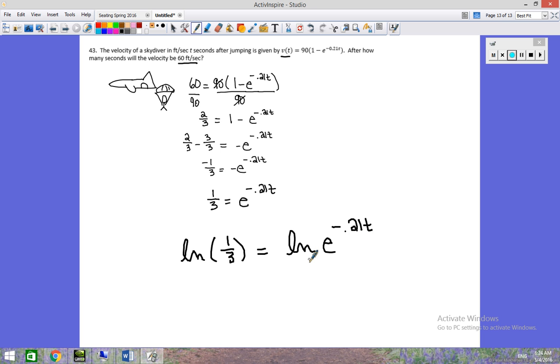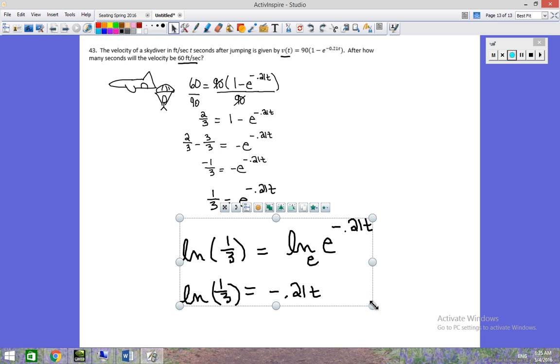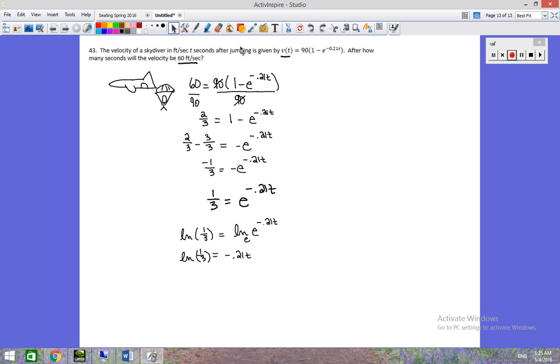Now remember, this natural log is base e, so you have base e and a base e, so that means that the right-hand side simplifies to this exponent, negative 0.21t. Now, one more step and we're done with this problem. Let's divide both sides by negative 0.21.